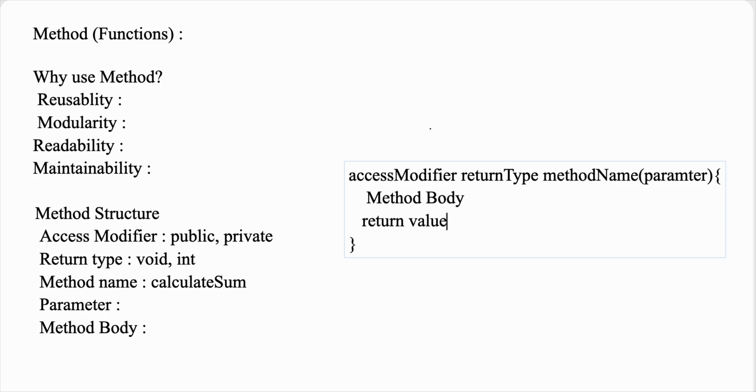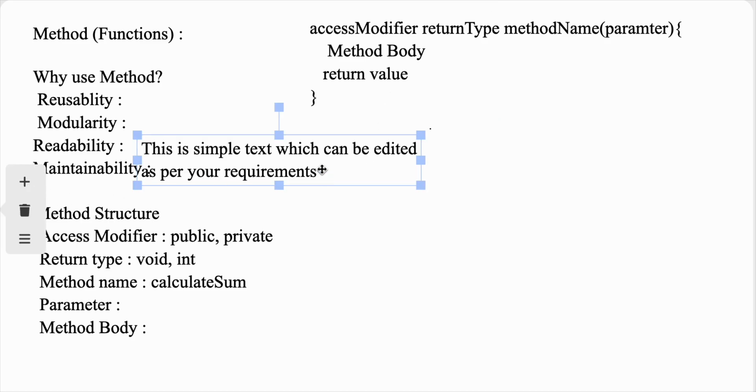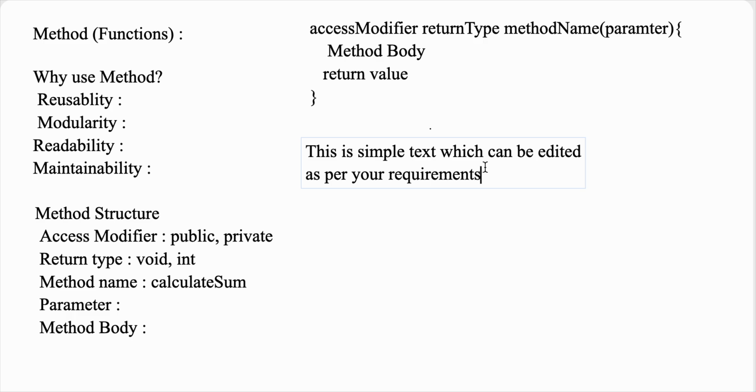For example, we can write one program for method. There is one simple example regarding that. We need to create one class.